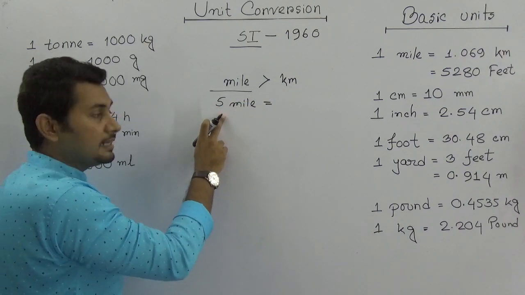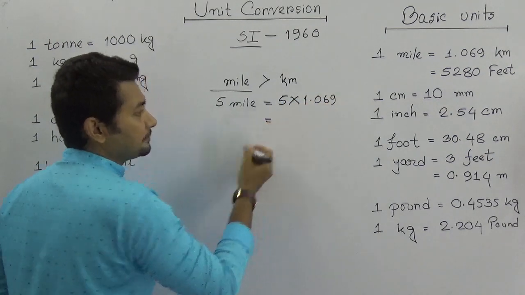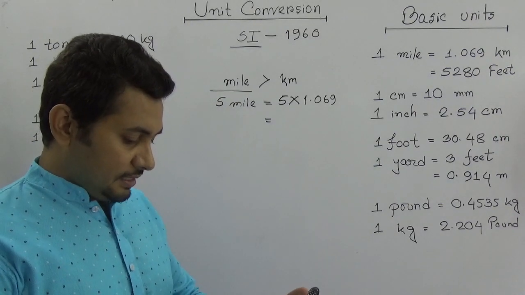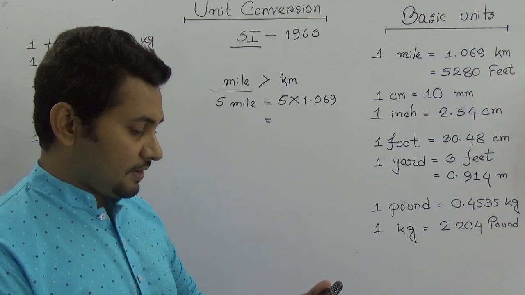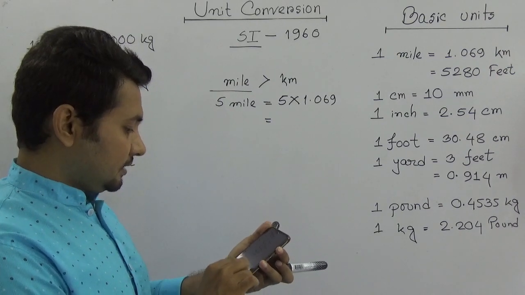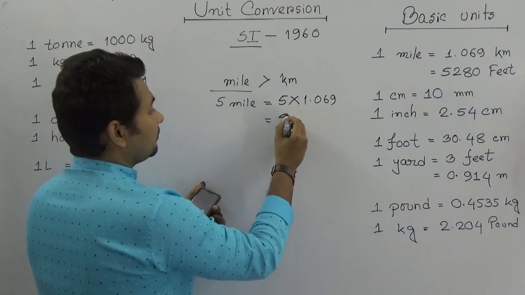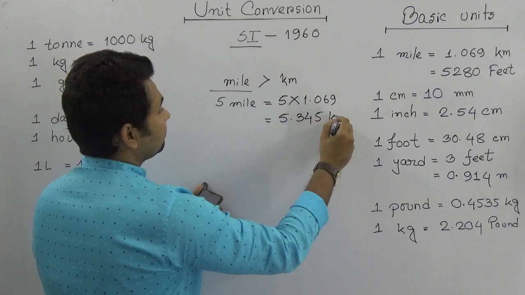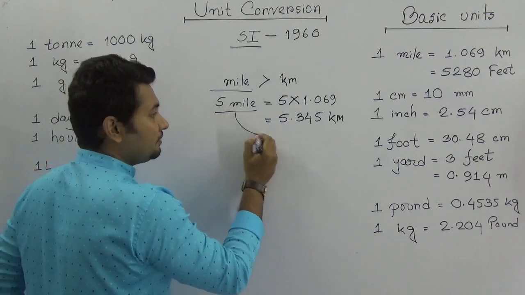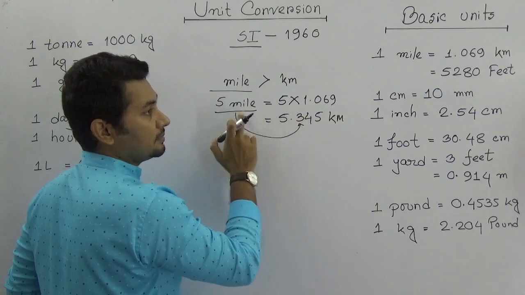That would be 5 times 1.069. If we use a basic calculator, 5 times 1.069 is 5.345 kilometer. So 5 mile is equal to 5.345 kilometer. We just converted mile to kilometer.